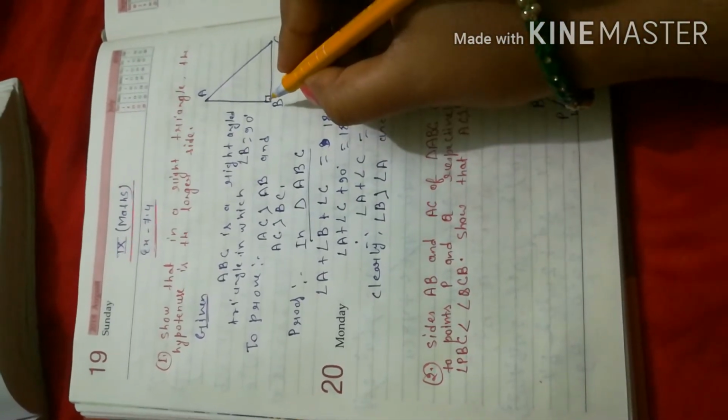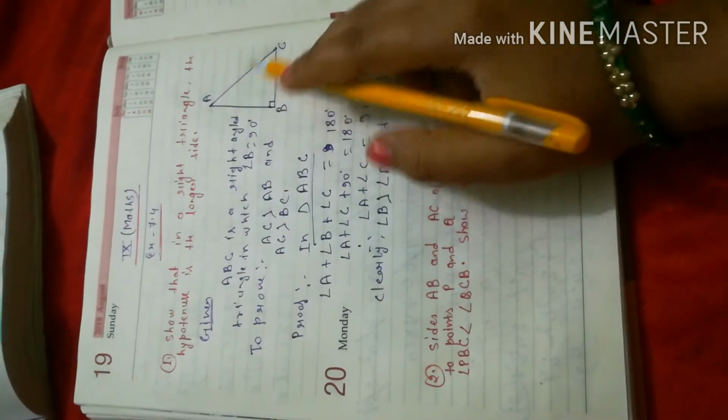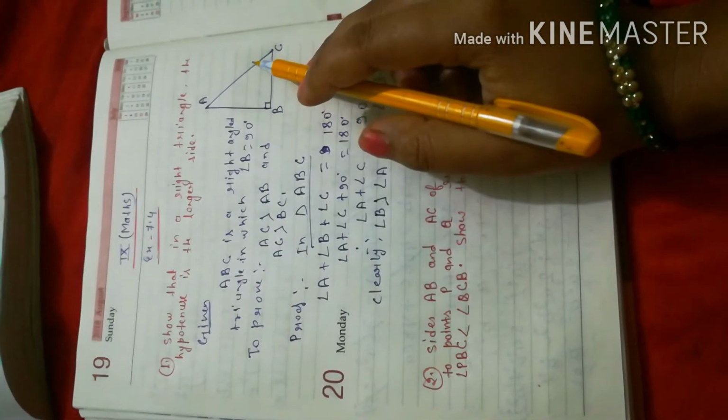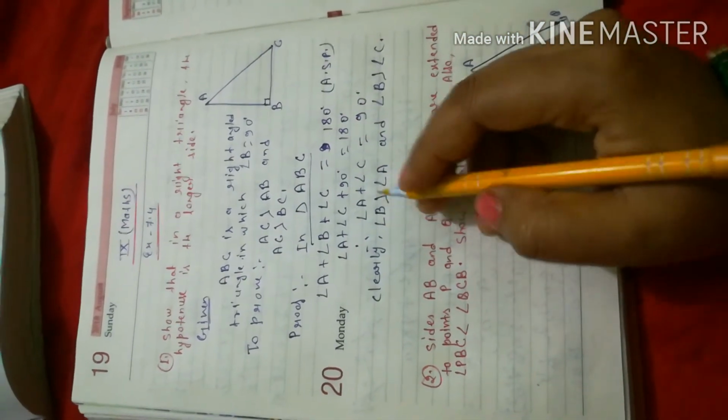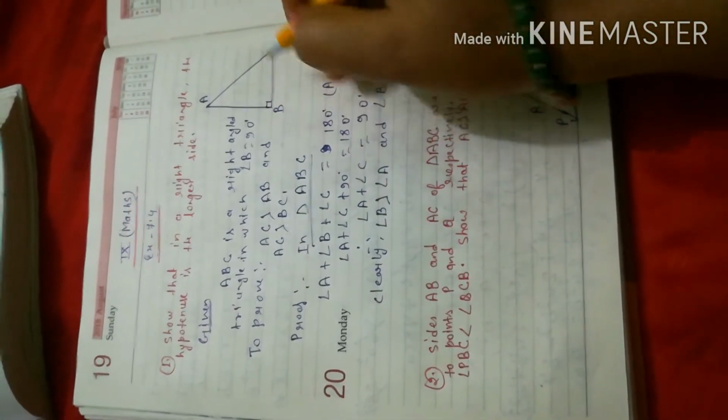And all of you know the theorem: the side opposite to the greater angle is longer. So we can write the opposite side of angle B is AC.